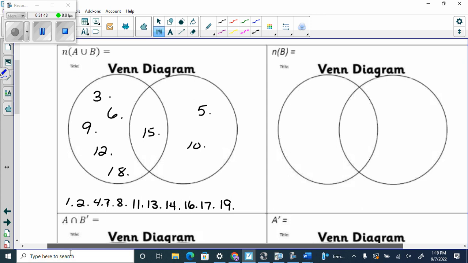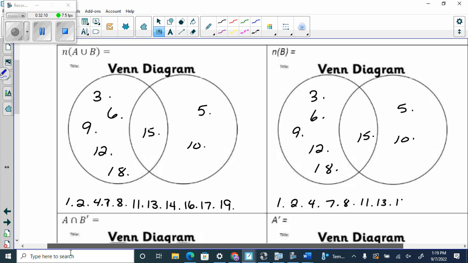I want you to do this one and this one. Shade where it's in A or B, tell me how many elements. Shade B, tell me how many elements. Shade and tell the number of elements.